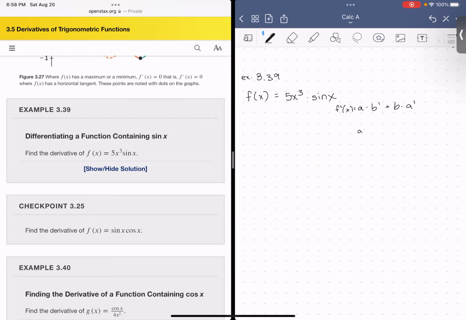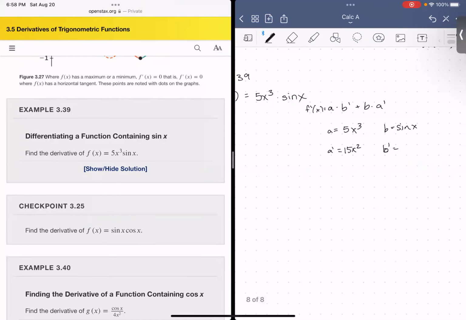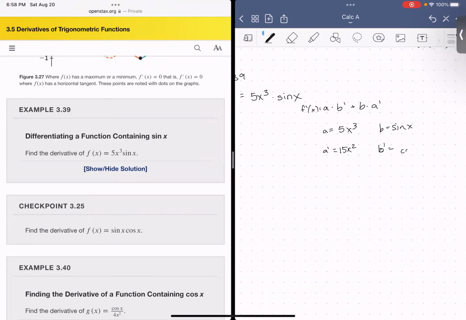So let's go ahead and set a equal to 5x cubed and b equal to sine x. Okay. So what's the derivative of a? Well, this is going to be the power rule, which is going to be 15x squared. Meanwhile, we just learned that the derivative of sine x is going to be cosine x.